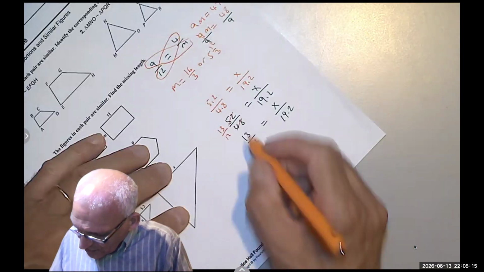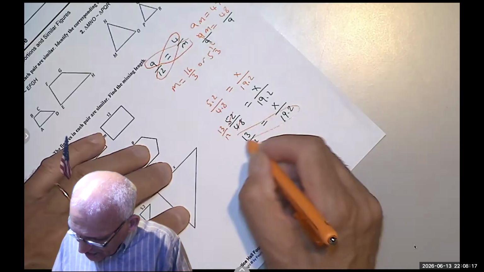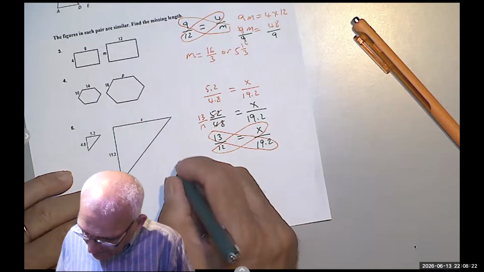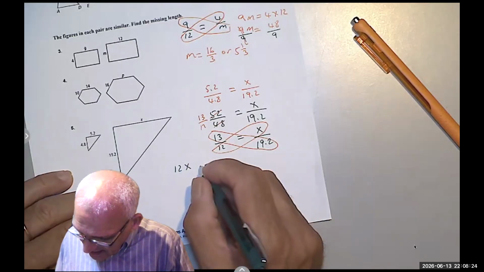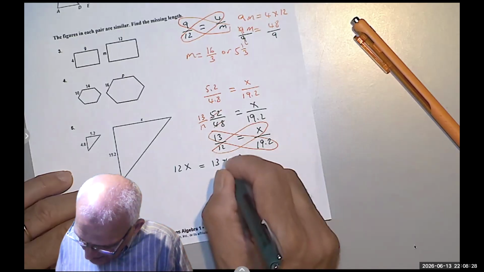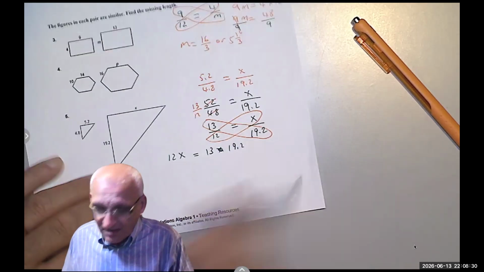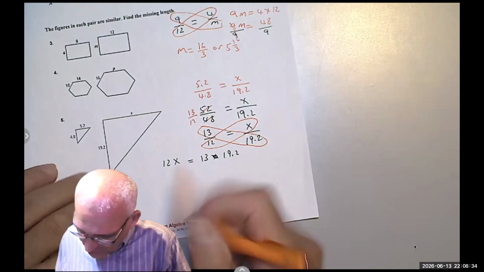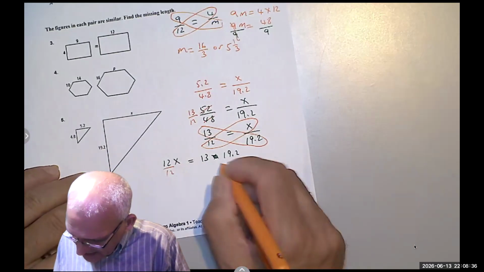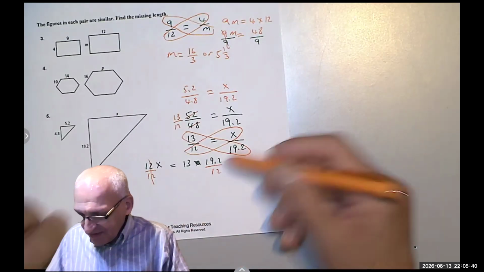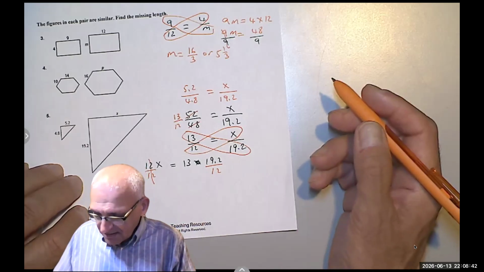And again, I do the butterfly or the crisscross, and I say 12x equals 13 times 19.2, and I write it with a times sign because I don't want you to think it's another x. And then I'm going to divide by 12 on each side. When I divide 19.2 by 12, I get 1.6.